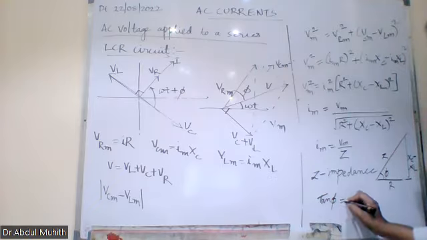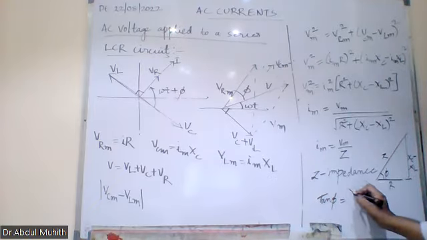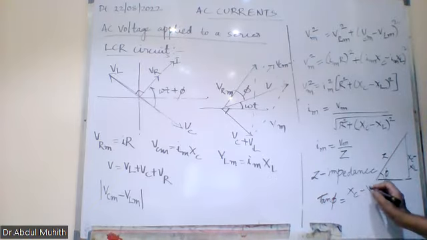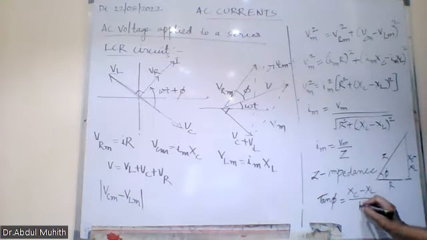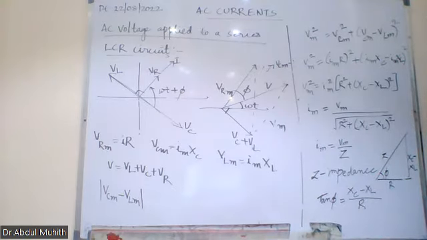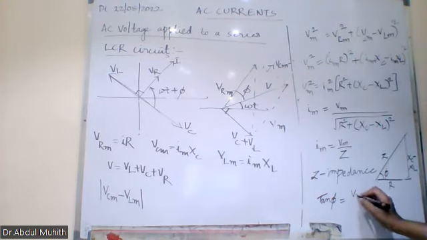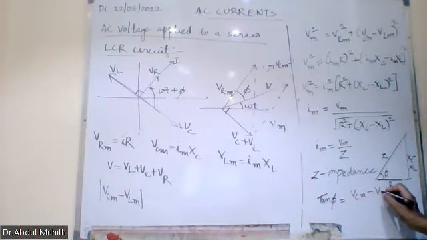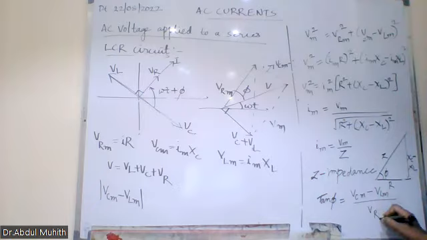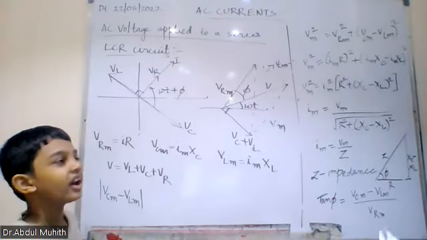Phi is the angle. Tan phi is equal to opposite side by adjacent side. Adjacent side is R. So we write VCM minus VLM divided by VRM. This is the formula to calculate the angle. Is that clear now?